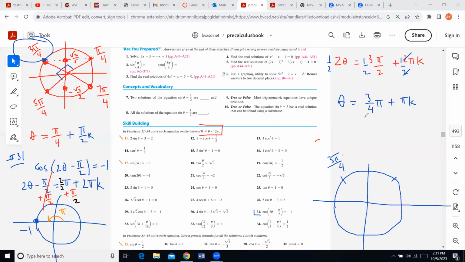But now I have to rotate it only by a half rotation. So I'm going to hit 7 of these quarters of pi. You see the 2 points that belong to the interval from 0 to 2 pi.